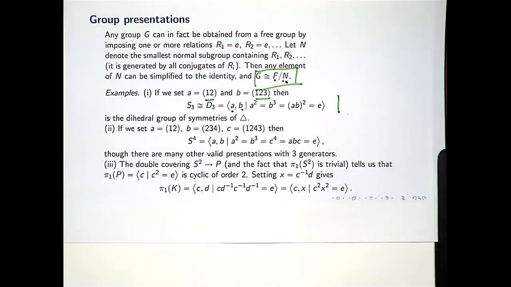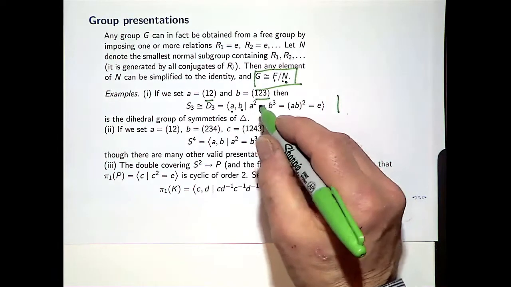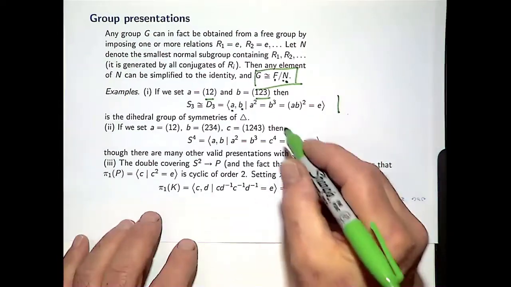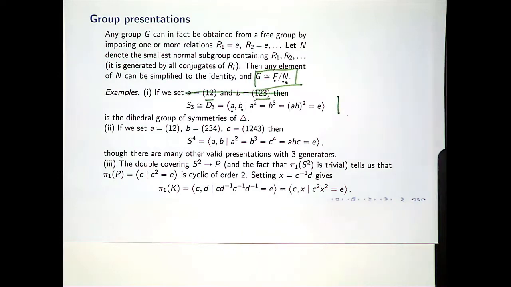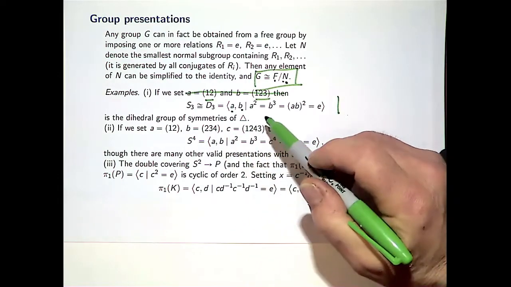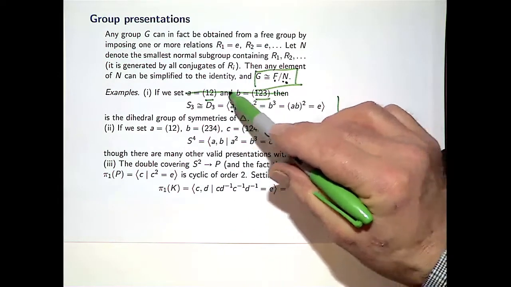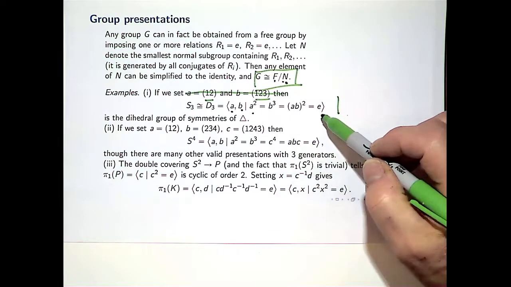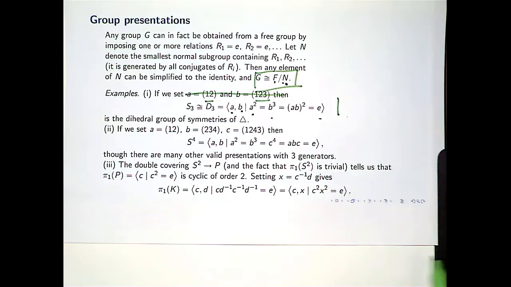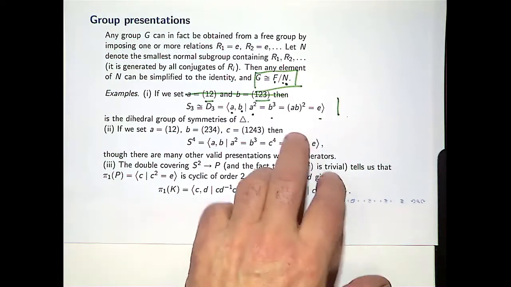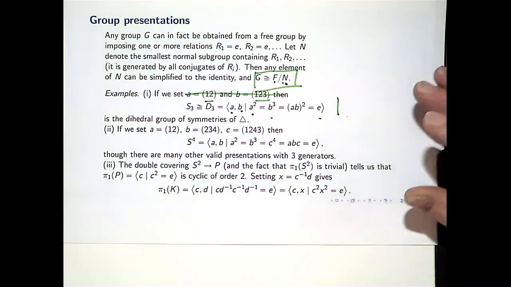But there are relations. In particular, we know a 2-cycle. If we don't know what the 2-cycle is, I'm not allowed to say what A and B are, in a sense. I just secretly know that's what I've chosen A and B to be. But of course, if we don't know what they are, we have to assert that A squared is the identity, B cubed is the identity, and then there's an extra relation that tells you it's a symmetric group, and one way of writing this relation is AB squared is the identity.